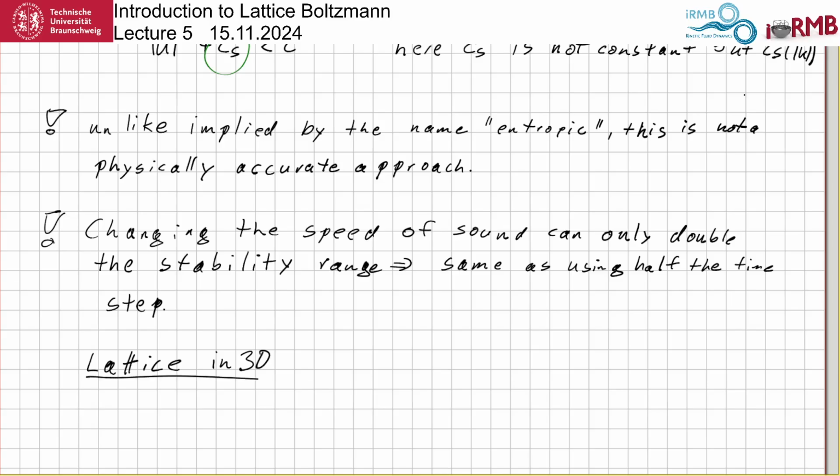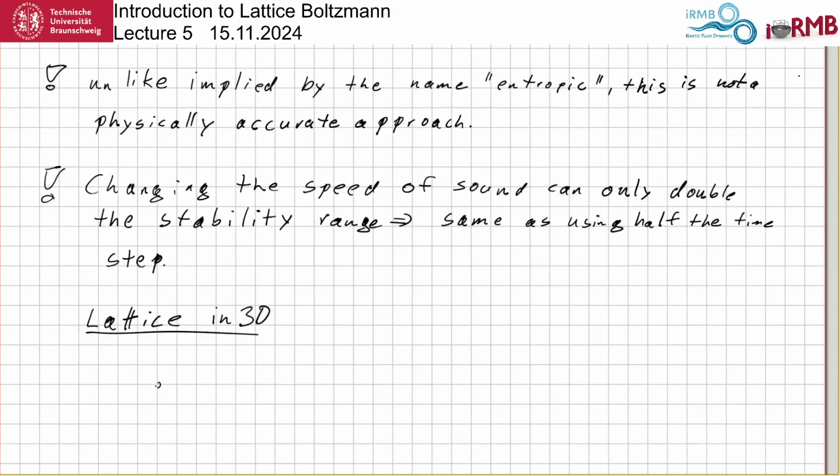Lattice in 3D. Okay, we always start from a one-dimensional lattice, where we have this f0, f1, and f minus 1. So this is our 1D example. We call this the D1Q3 lattice, which is what we had last week.